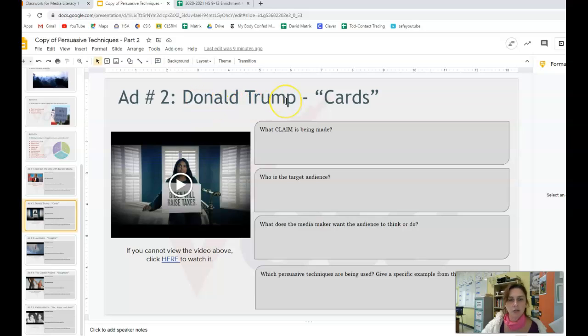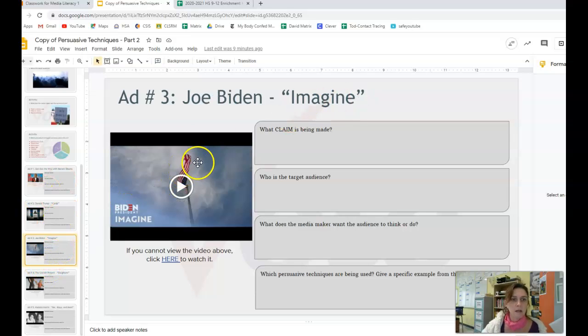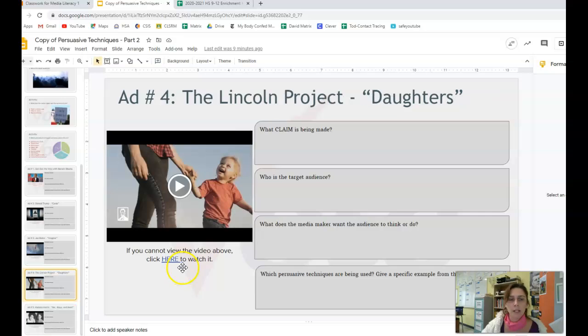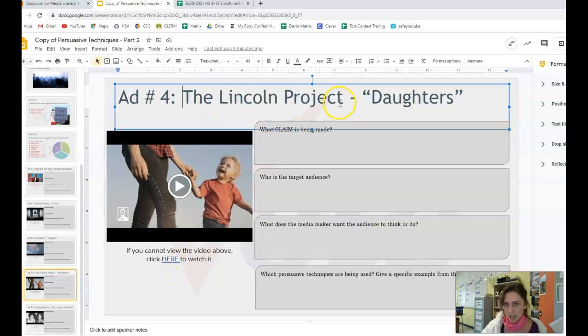Ad number 2 is a Donald Trump campaign ad called Cards. The third one is a Joe Biden campaign ad called Imagine. The fourth one is an ad made by the Lincoln Project called Daughters.